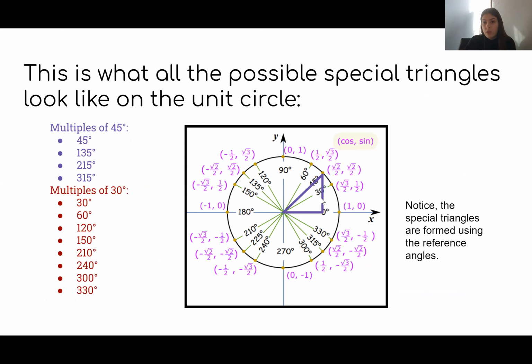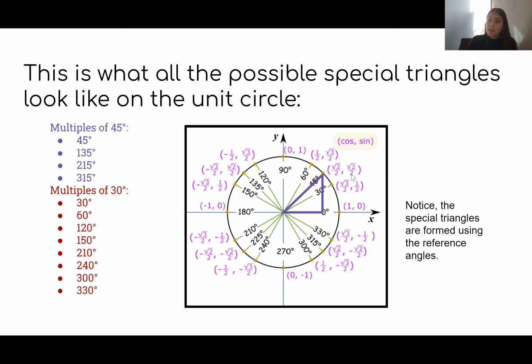Our y value going up is √2 over 2, and that's exactly what this coordinate point represents. And we just talked about how our x value and our y value are the same as cosine and sine. So the cosine of 45 degrees is right here, √2 over 2. The sine of 45 degrees is right here, √2 over 2.